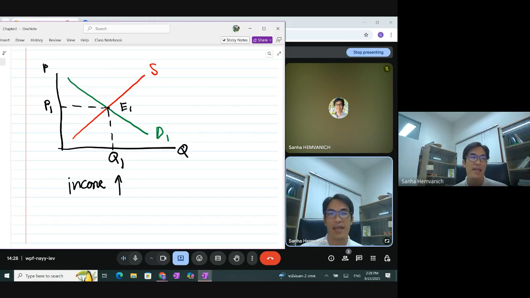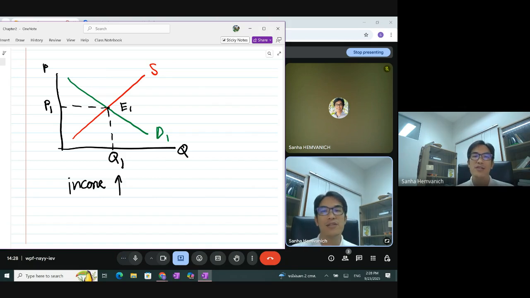So maybe the economy is good, it becomes a boom, stock market is boom, so the income of people increase. Obviously income is not price or quantity, right? It's not a variable in the model. So whenever a variable not in the model changes, something has to shift. In this case, demand.